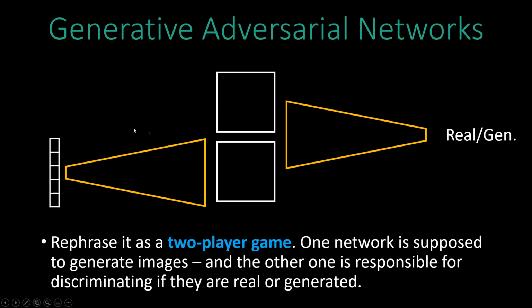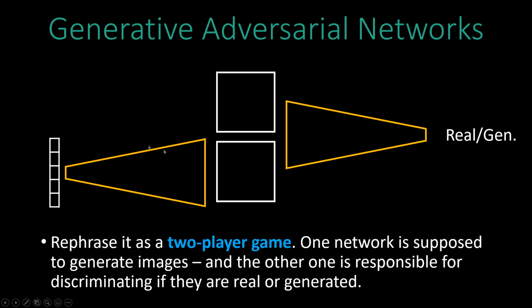So with the previous model, we were sort of adding to the left of this sketch. In this case, we are sort of adding to this side. And in the previous case, where this was a sort of identity operation, we are rephrasing this task as a two-player game.